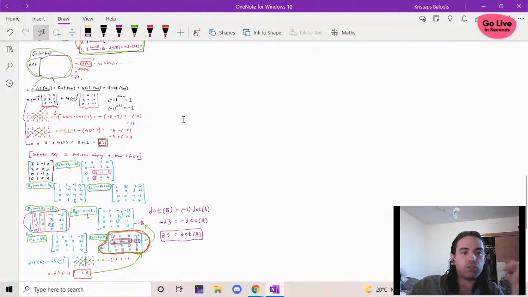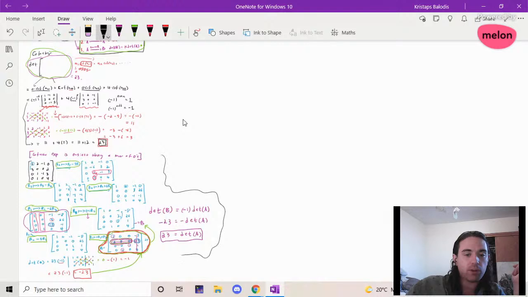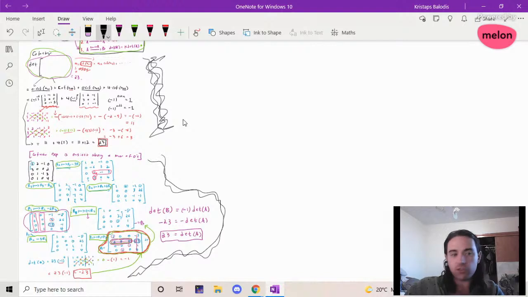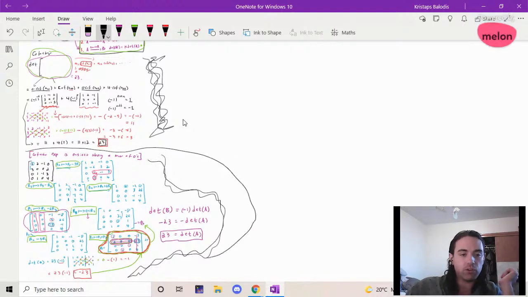But the total point being that, yeah, this looked like more steps for the particular example that we did. But that's only because I wanted to start off by showing you an example of cofactor expansion where we can be smart about our zeros. If we didn't have any zeros in our matrix to begin with, we would want to create some zeros.